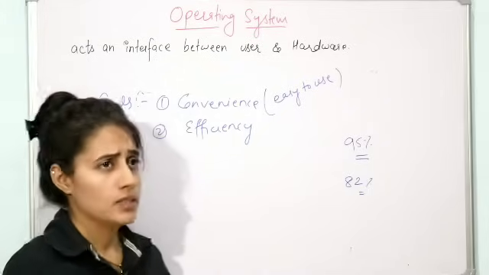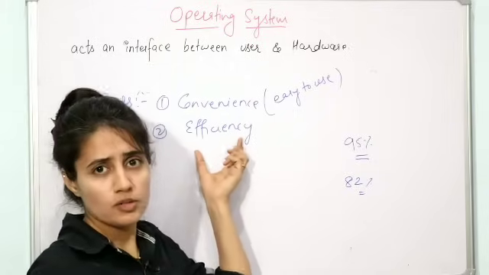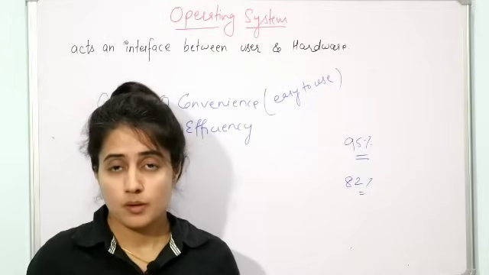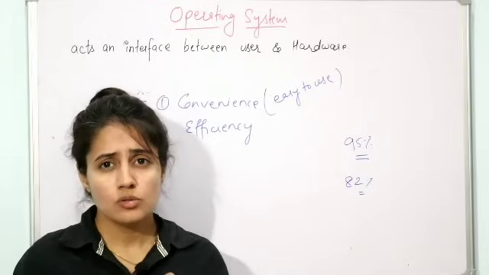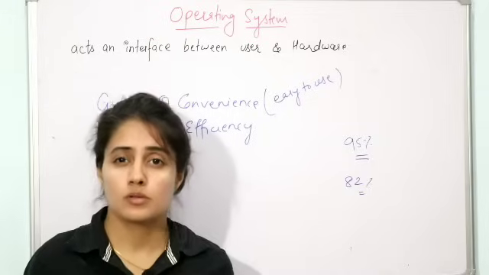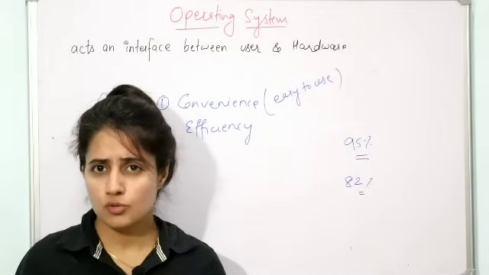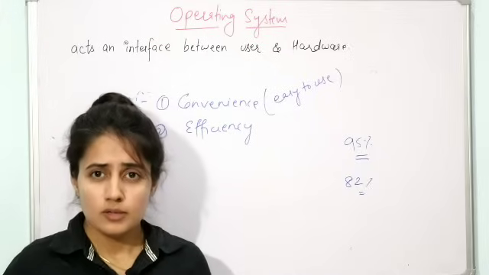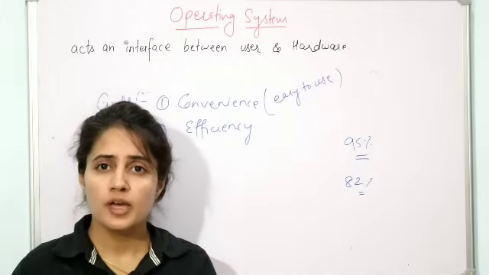Now, second is efficiency. This is the main goal for supercomputers and mainframes, because those systems were operated by experts, and experts don't need it to be easy to use. For those, the main goal is efficiency, that the operating system should be efficient.